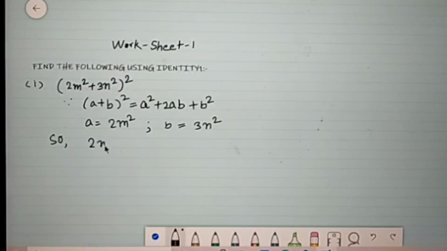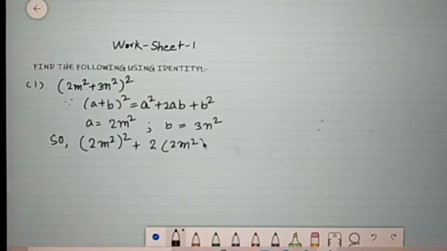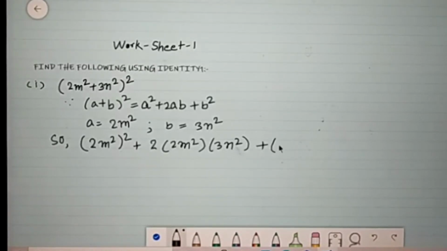So we have its expansion: a square of the first term, 2m square is the first term, and its square, plus 2 into the first term, 2m square, into the second term, 3n square, plus a square of the second term, that is 3n square.